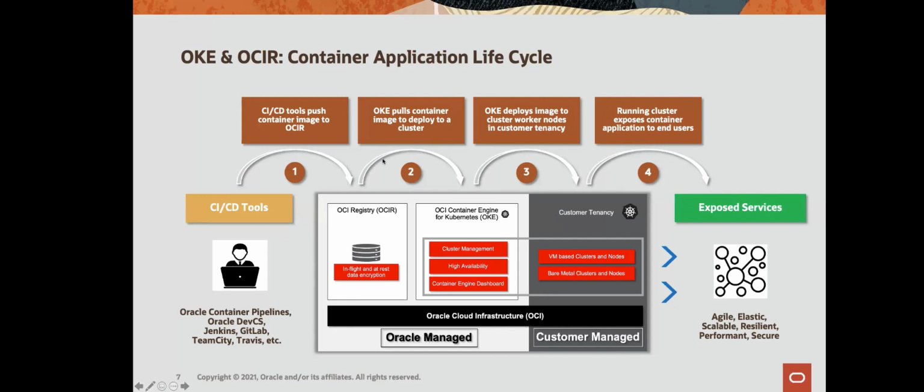But OCIR is the Oracle offering for storing the containers. Then use that container image with the Oracle Kubernetes Engine and simply expose the REST API with the load balancer.